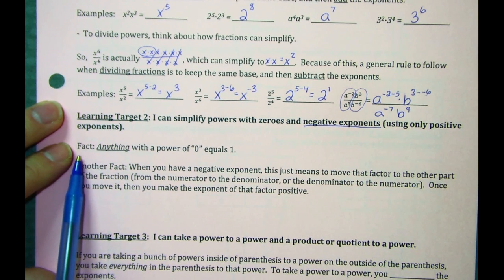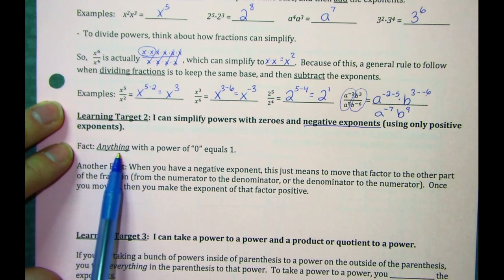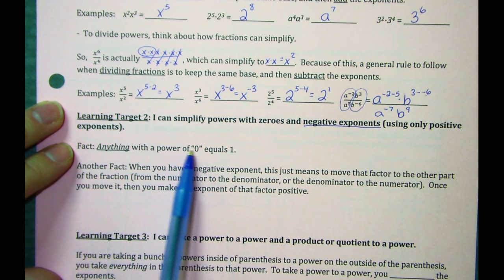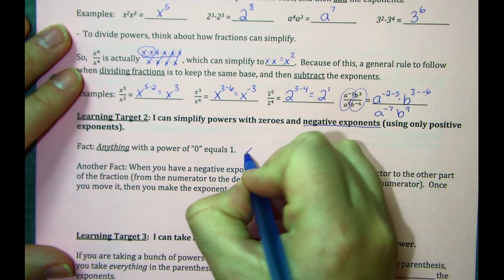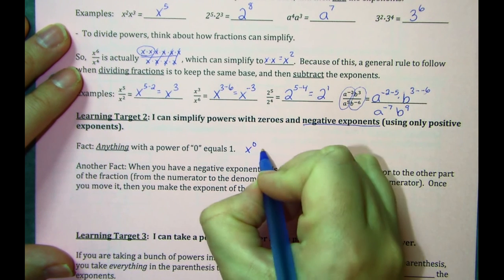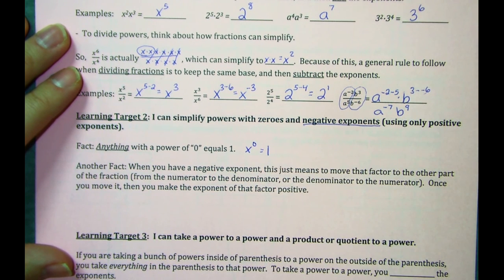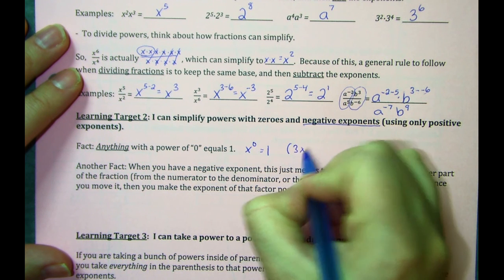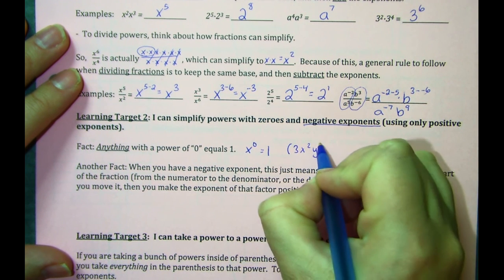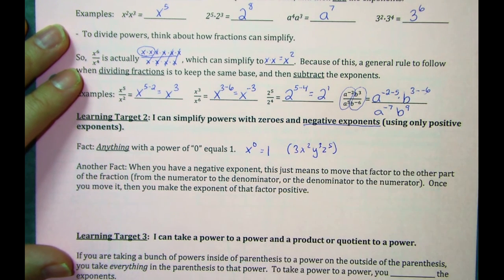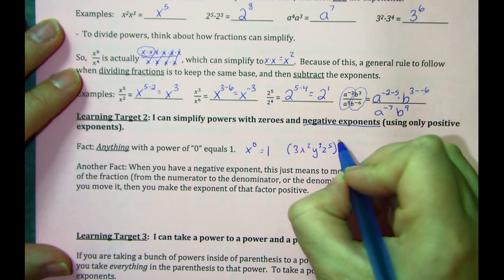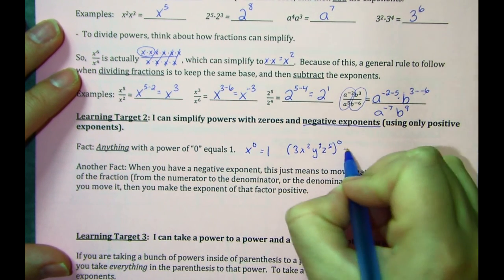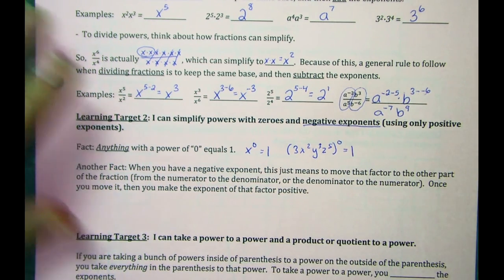The first thing that you need to remember is anything with a power of 0 equals 1. Anything. So if you have x to the 0 power, that equals 1. If you have a whole bunch of things to the 0 power, like that, if it's all to the 0 power, it equals 1.